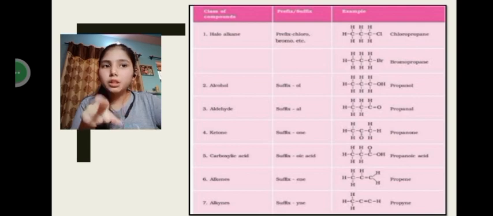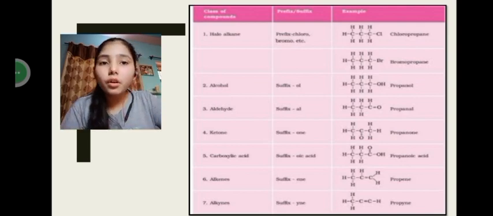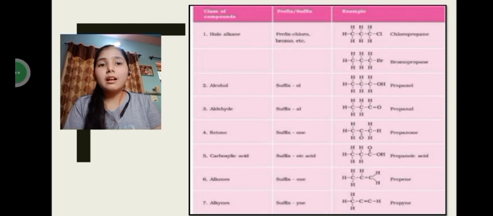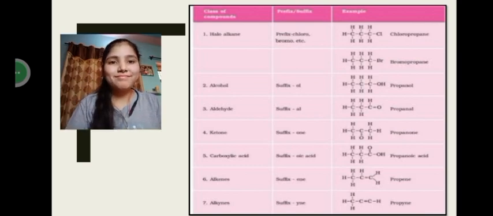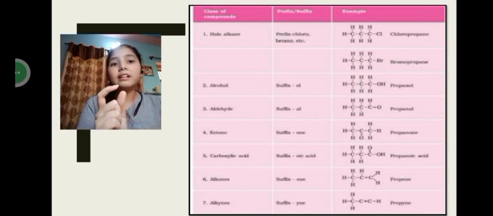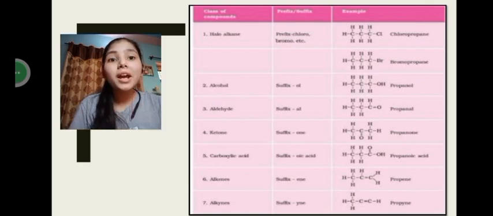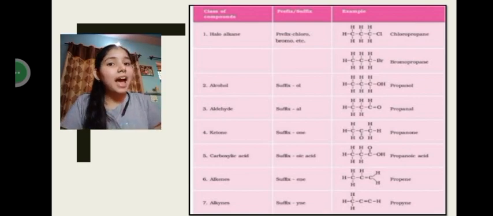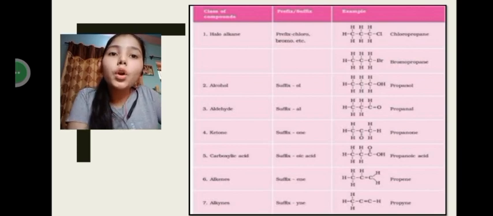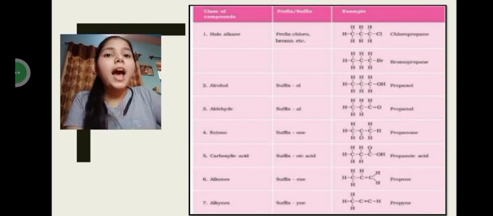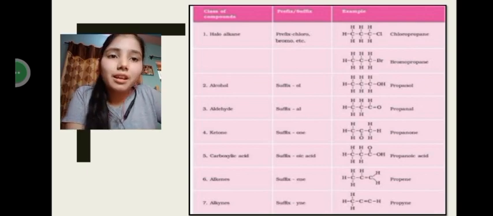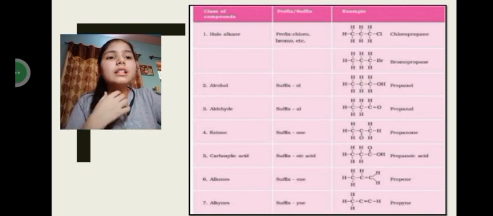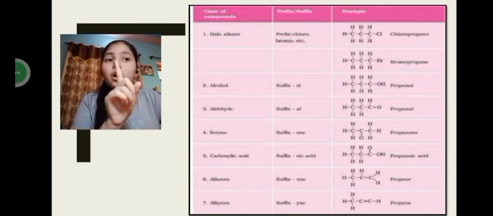So 1, 2, 3, and there is chlorine. Cl means chlorine, and if chlorine is contained in a carbon compound, then put the prefix chloro. Chloropropane. Why ane? Because it has single bonds in it. Chloro means chlorine, prop means 3 carbons, and ane means all are attached with single bonds. Let us see another example, bromopropane.